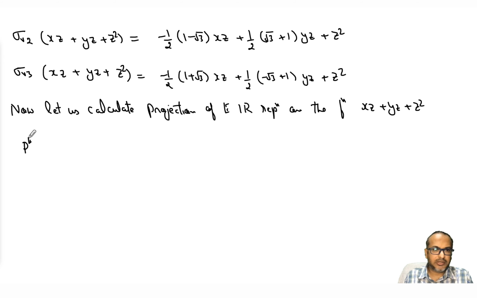So projection of E matrix element 1 1 on xz plus yz. So remember that this is 2 cross 2, so we will have 4 elements: 1 1, 1 2, 2 1, 2 2. So we'll calculate one by one because this is a complete projection operator, so we'll have 4 elements coming out of this.